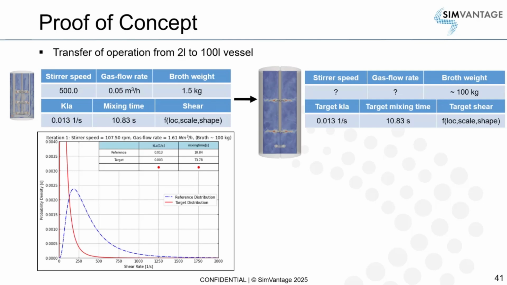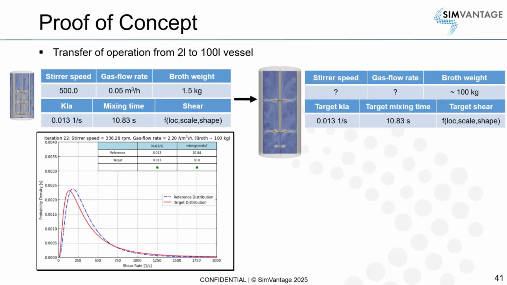At the first iteration, it finds a certain stirrer speed and gas flow rate. But you see that the KLA value and the mixing time do not match, and also the distribution does not match; the reference is the blue line, and the red line is our target.